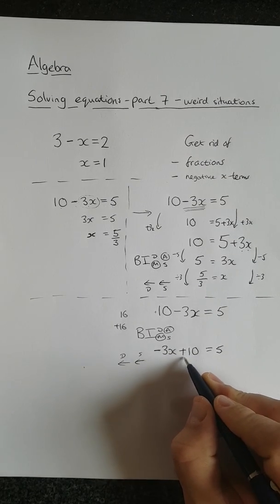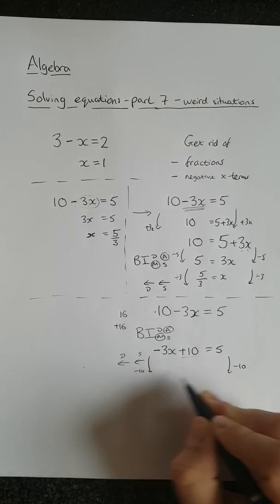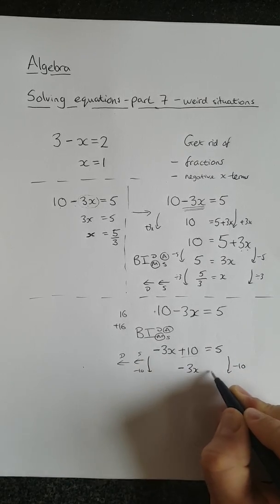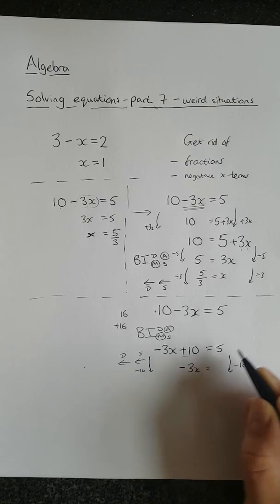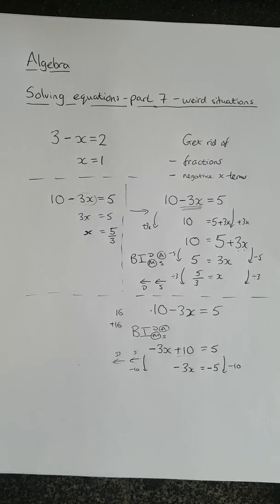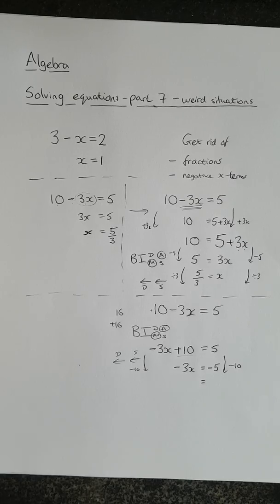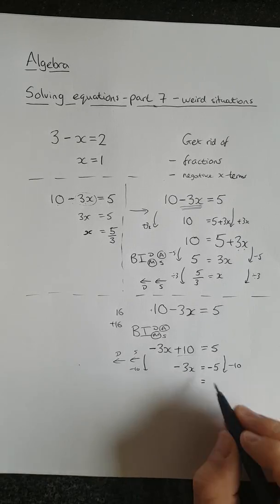So I'm going to subtract 10 from both sides. Five subtract 10 takes me down to minus 5. Okay, negative 3x.